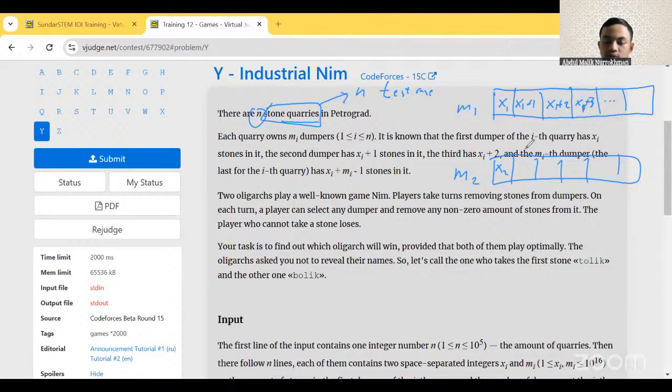Because the number of piles is m, or the length of the array is m, the value in the last position is x plus m minus 1. All right.